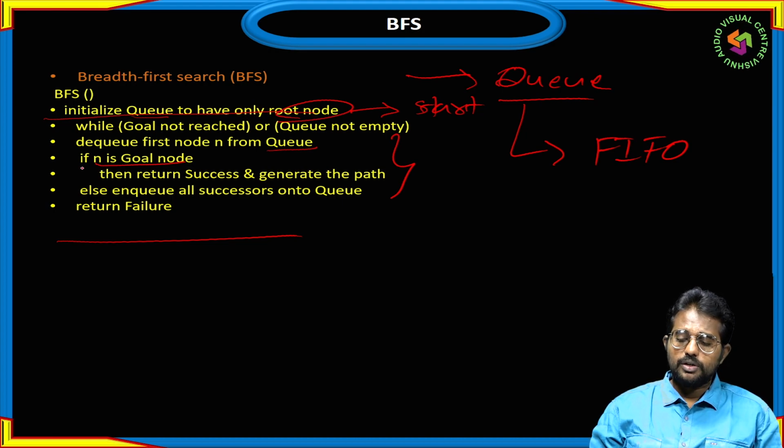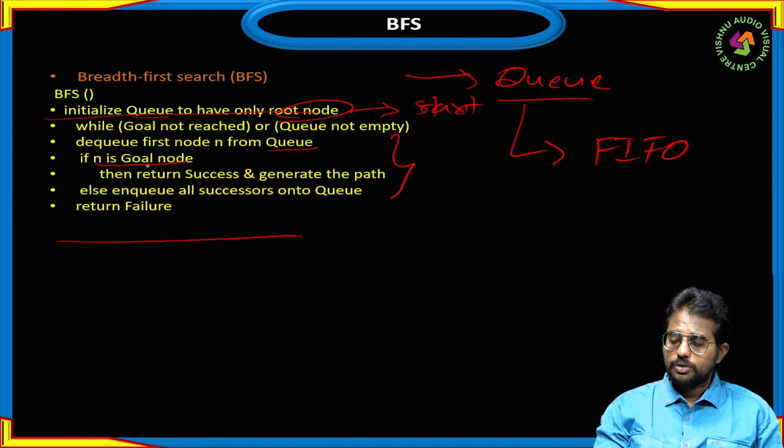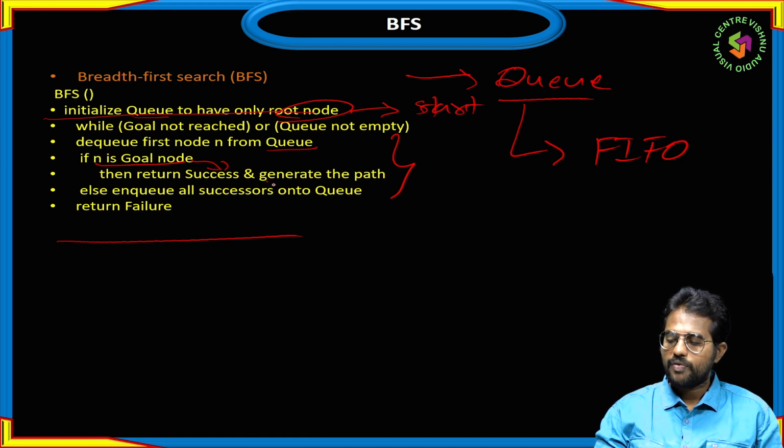Based on this condition, if it is a goal node, then I am going to execute the return. I will return success, and also I will generate the path and return the path.